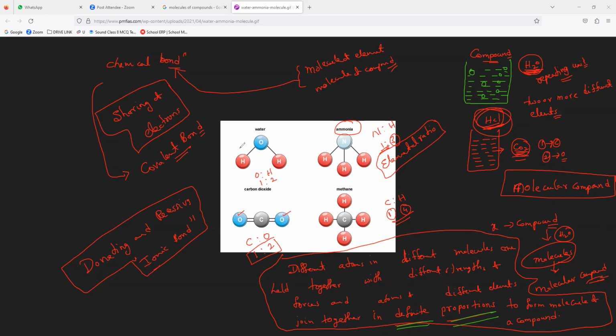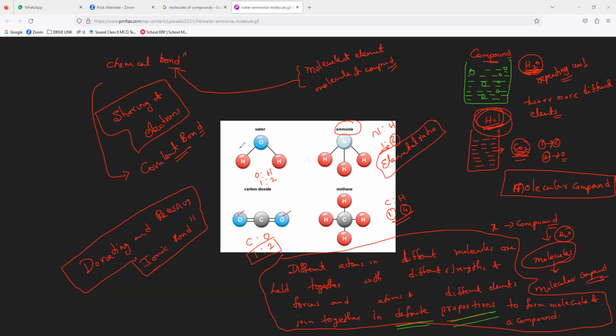Now, atomicity of elements. Can you tell me what is the atomicity of elements we studied? The number of atoms present in an element. Monoatomic, diatomic, triatomic, tetraatomic, polyatomic. In the same way, molecules of compounds are also classified, but there is no monoatomic.